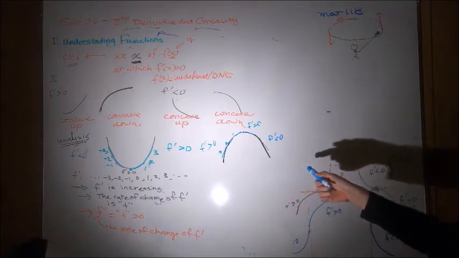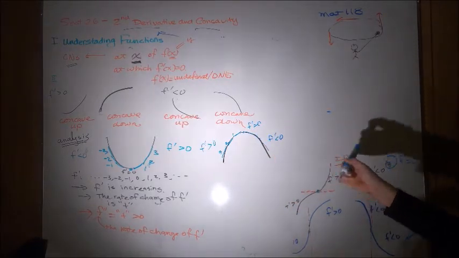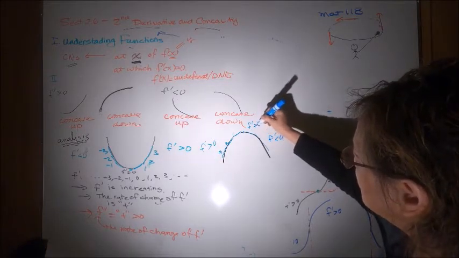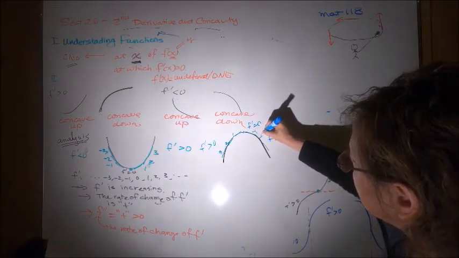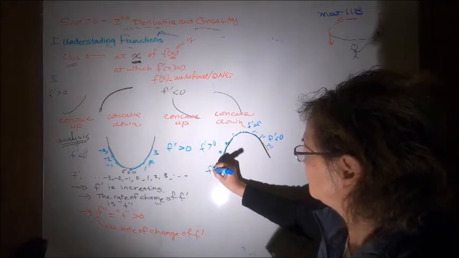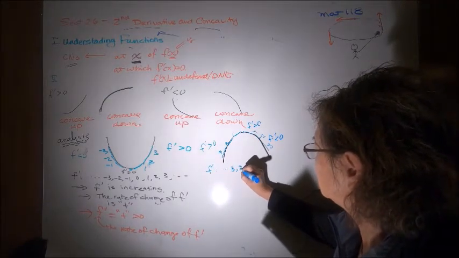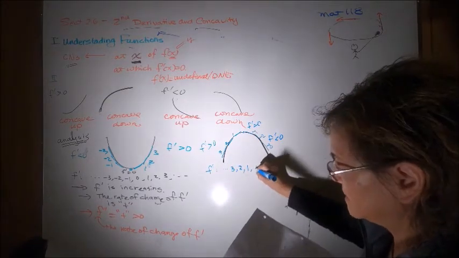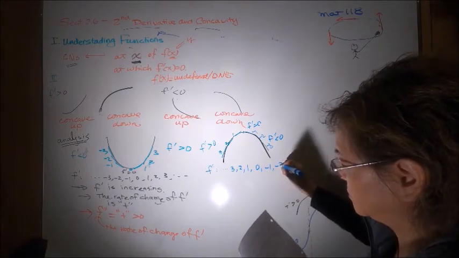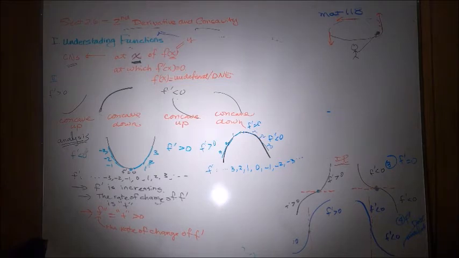The slope, if it drops from left to right, means negative, so that would be -1, -2, -3. So our f prime would go 3, 2, 1, then 0, -1, -2, and -3, right?